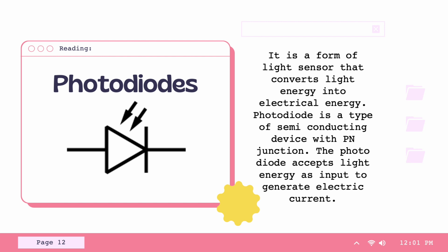It is also called a photodetector, photosensor, or light detector. Photodiode operates in reverse bias conditions. For example, the P side of the photodiode is connected with the negative terminal of the battery or the power supply, and the N side to the positive terminal of the battery.